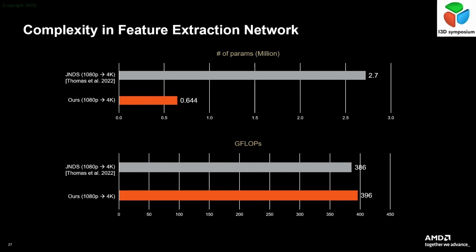We also look at GFLOPs for the compute requirement. At this time, we see a similar amount of GFLOPs compared to the previous work, but as I presented, we have better visual quality compared to that work.